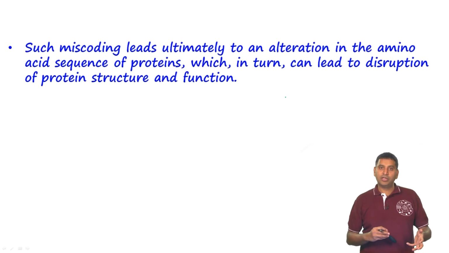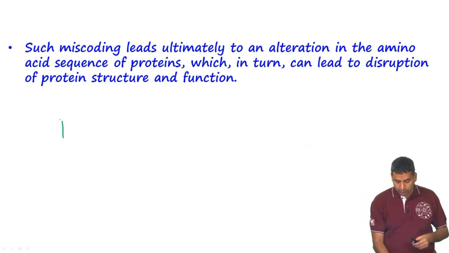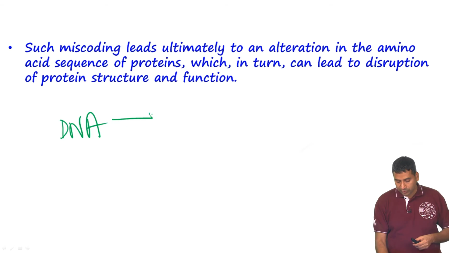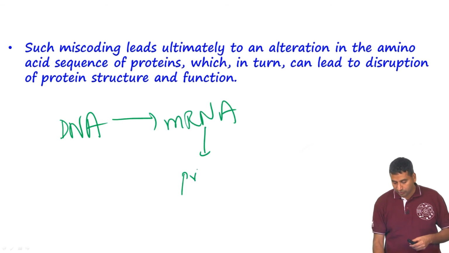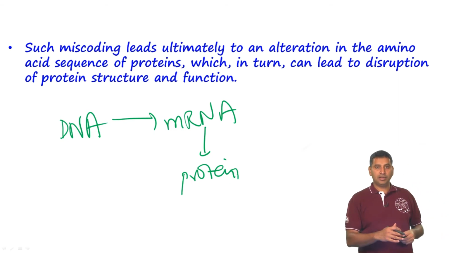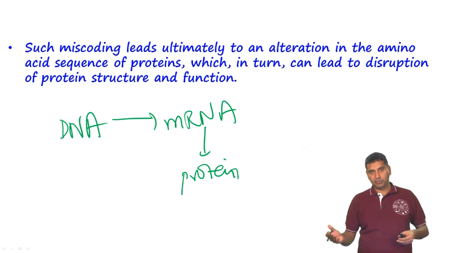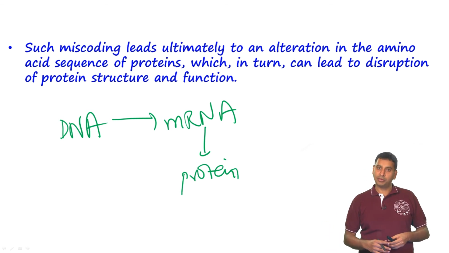Such miscoding leads ultimately to alteration in the amino acid sequence of the proteins, because DNA is going to give rise to mRNA and mRNA is going to give rise to protein. So, if the sequence of DNA is normal, then a normal mRNA sequence would be produced, which is going to produce a normal protein.